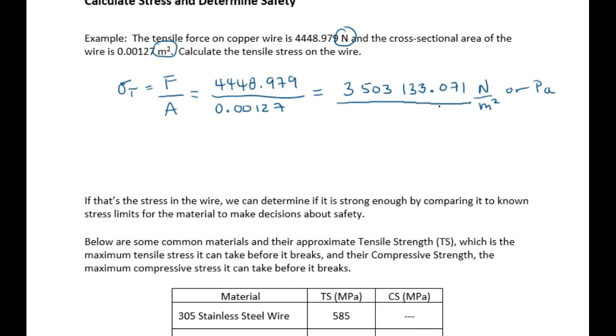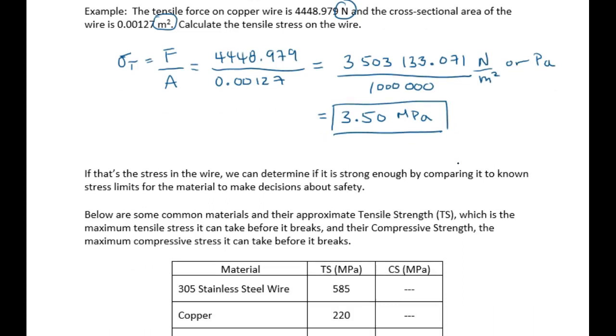So I can divide this by 1,000,000. So we end up getting approximately 3.50 megapascals to 2 decimal places. So that's the stress on the wire associated with this particular force.